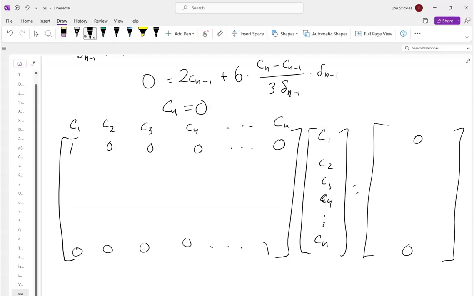So just to remember what the equation looked like. All right.